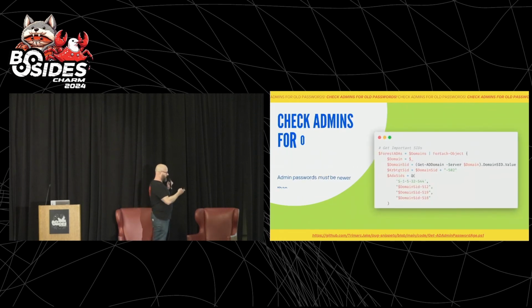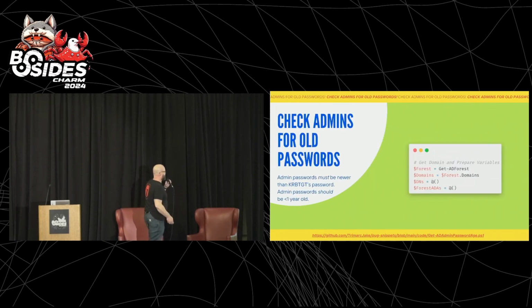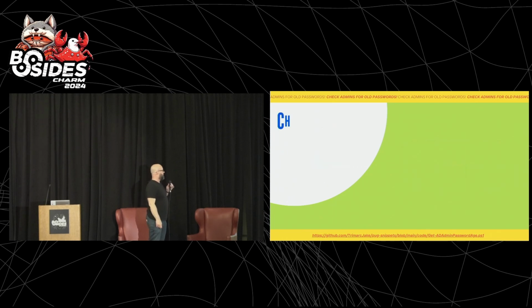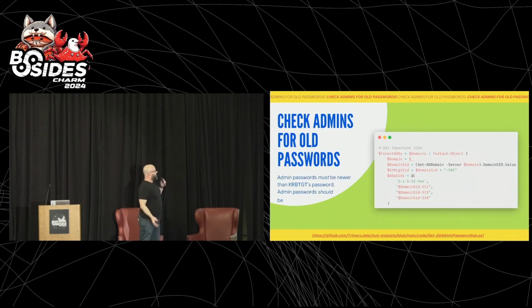All right, so yeah, quick talk about what we're doing here. Getting what your domains are in your environment, setting up the variables for it. Then we are going to grab the important SIDs, security identifiers, in the network. So we're going to grab your KRBTGT account, because we're going to use that for comparison.